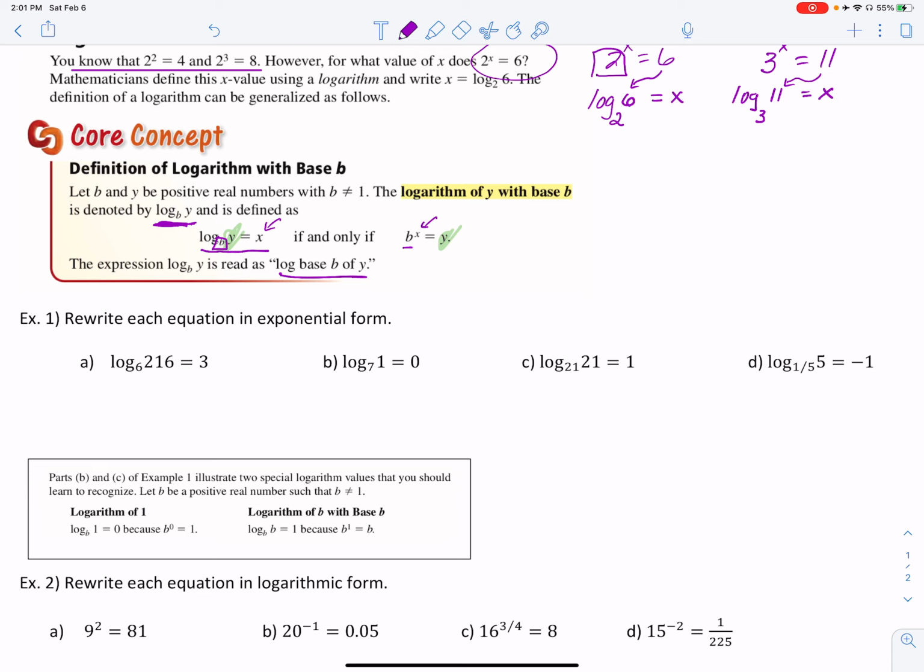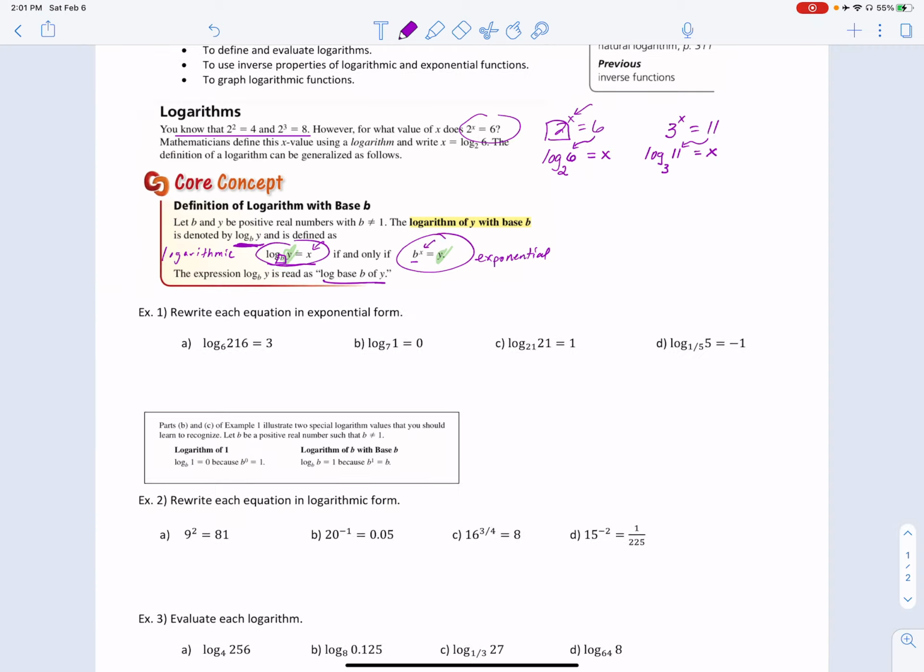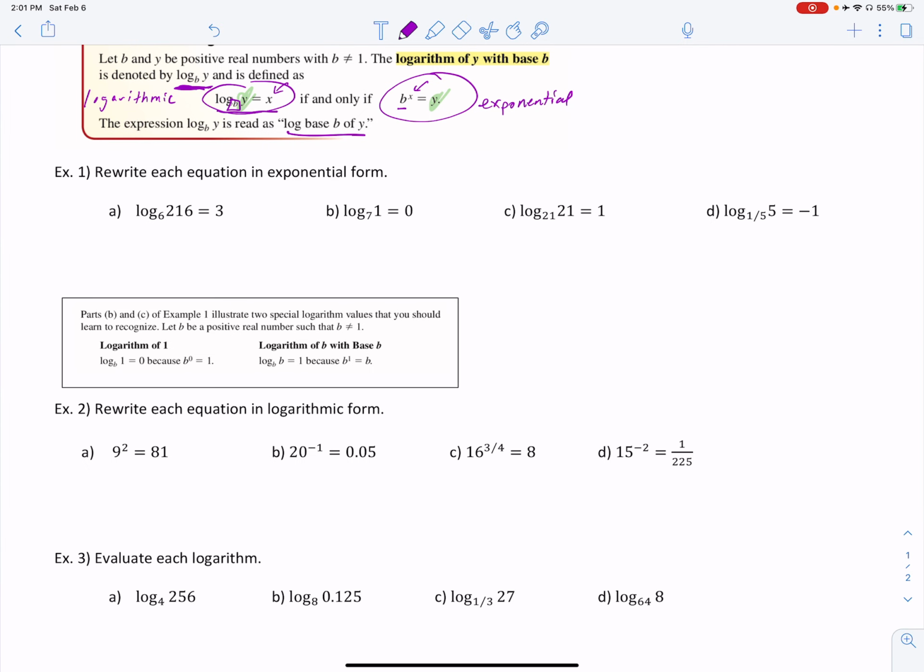And so this form is the exponential form, and this form is the logarithmic form. And they are inverse functions. And so you're going to be given logarithms, and you're going to need to write them in exponential form.